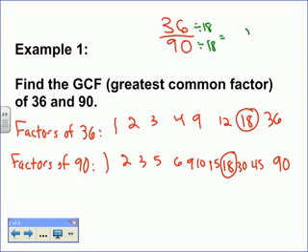We divide them both each by 18. You would get 2 over 5. So 2/5. You could break it down other ways, but dividing by 18 will be the quickest, because 18 is the biggest number that divides into both 36 and 90.